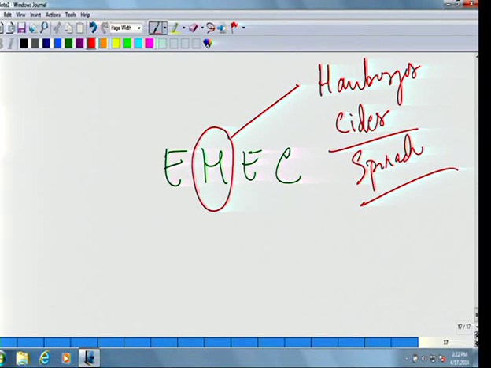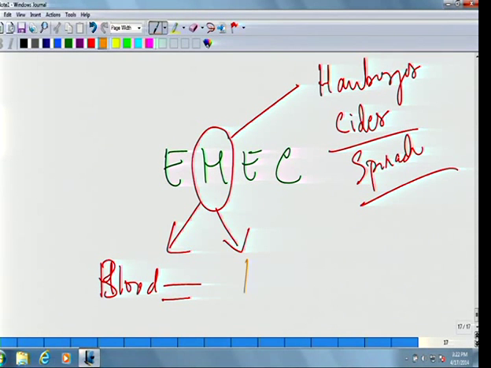Then, what is the symptom of EHEC? Yes, hemorrhagic. So, bloody diarrhea, no inflammatory cells. What is the other H? What is the complication? The hemolytic uremic syndrome.